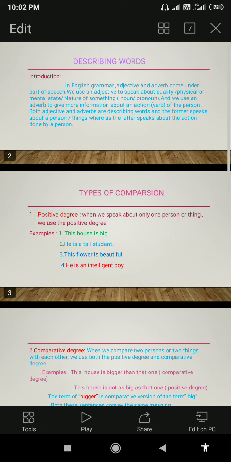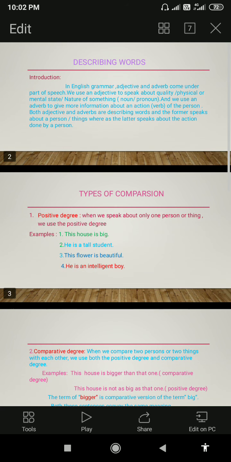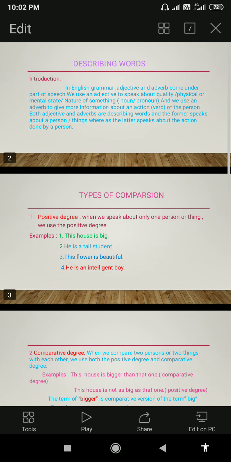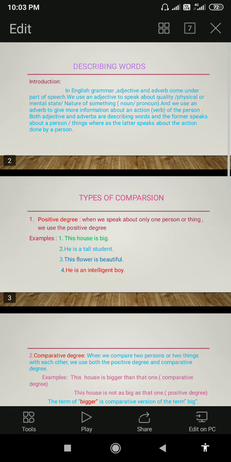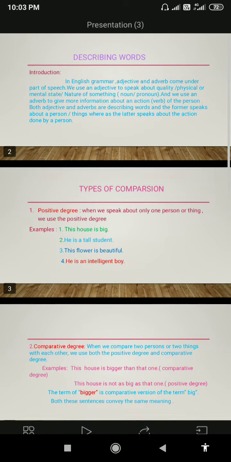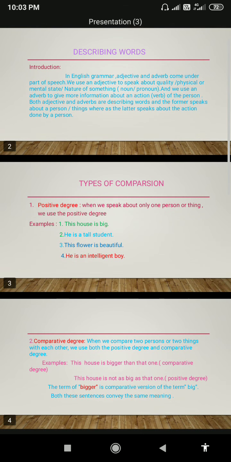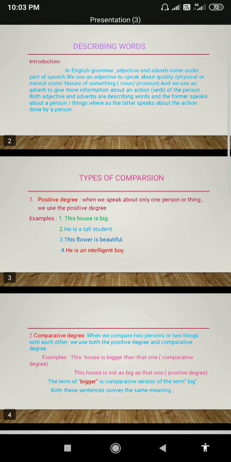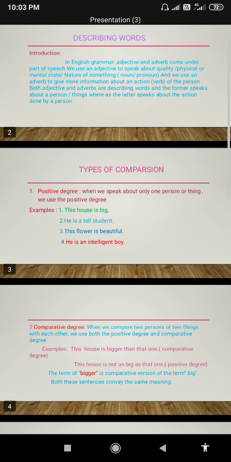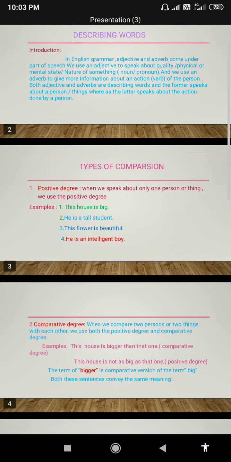Both adjectives and adverbs are describing words, and the former speaks about persons and things, whereas the latter speaks about the action done by a person. These are the two differences between an adjective and an adverb. Remember this very clearly and try to understand them, then you can easily answer any bit between these two.